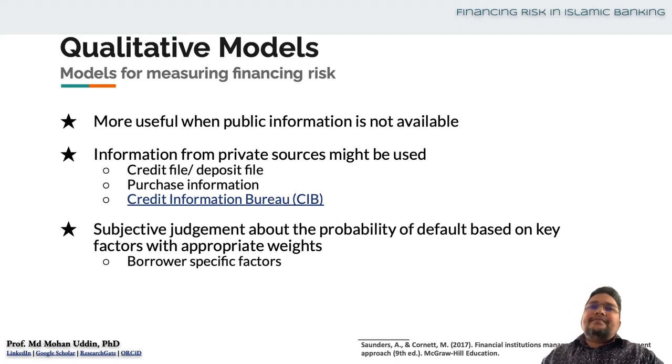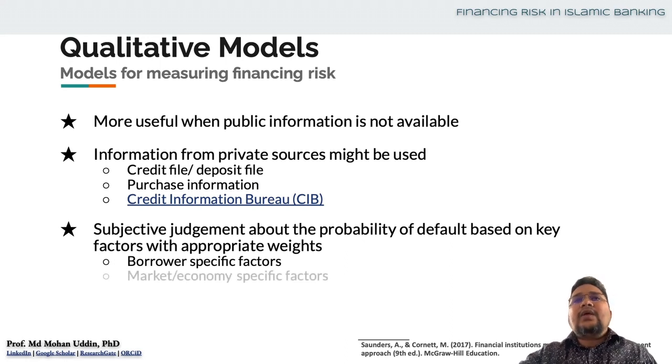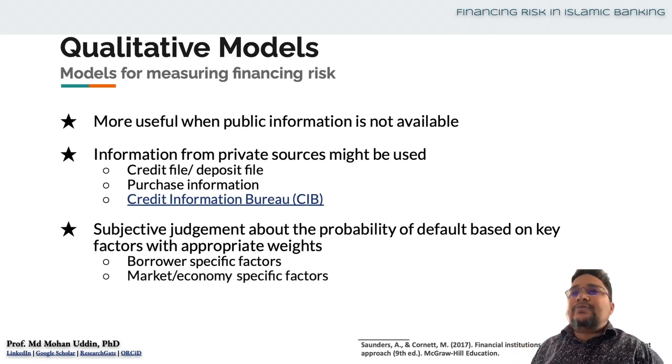That means the factors that are related to the potential customer, the funding customer: the size of the business, the history of the business organization, and many other factors. We'll talk about that in detail. And another one is the market or economy specific factors.